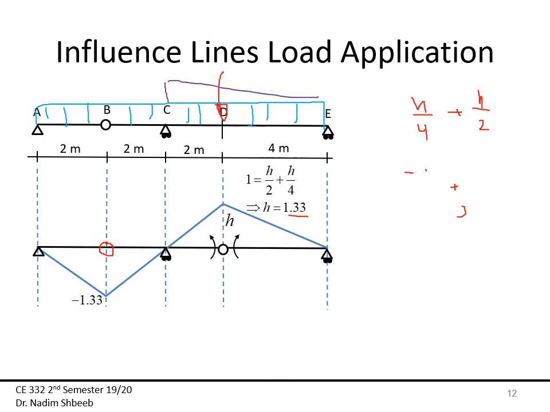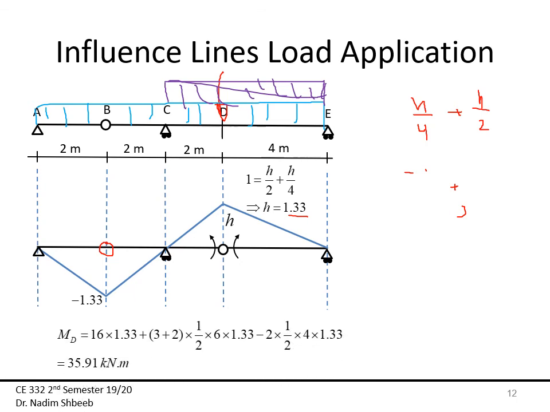So this is going to be my live load. Okay, so if I position the load in this way, I will guarantee you will get a maximum positive moment at D. So using the equations, then I have the 16, so this is my 16 times 1.33.